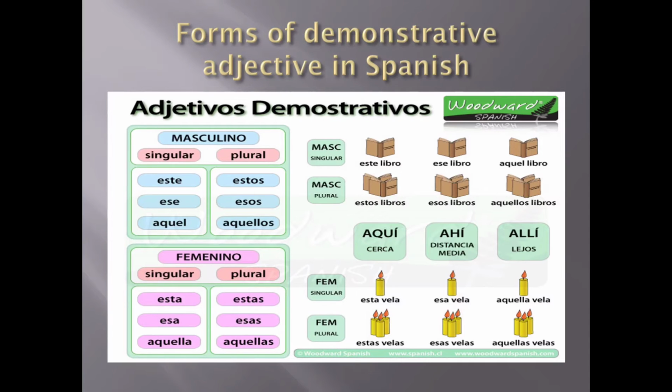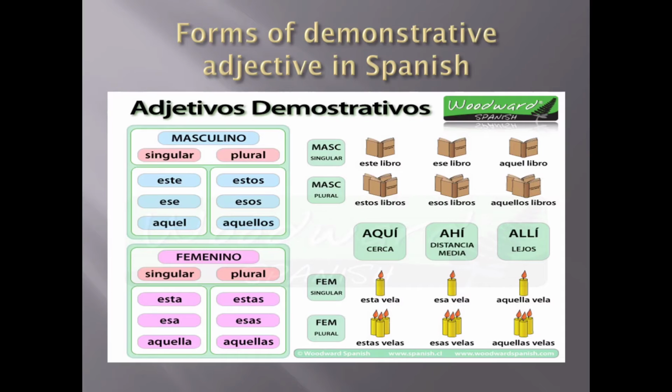We have ese for singular, esos for plural. Aquel for singular, aquellos for plural. Now let's look at the examples. Este libro, singular. Estos libros, plural. In English, that means this book, singular, and these books, plural.